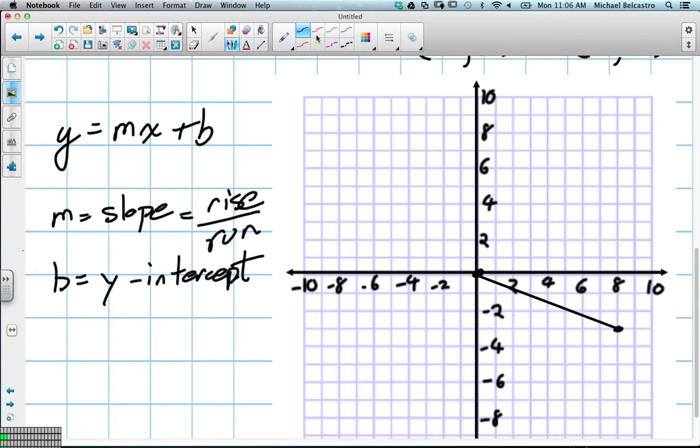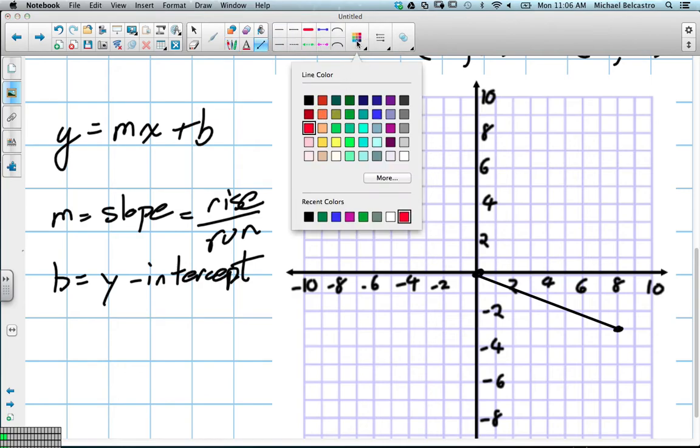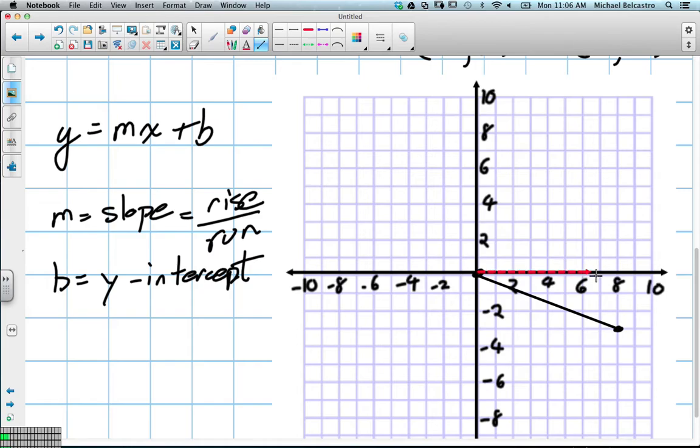We can relate this to slope by essentially making this look like a triangle. Our run, which is how far we go on our x value from this coordinate, we know is the value of 8. We know that this distance here is 8. And our rise we know is essentially our y value, how far we go along the y-axis to get to our point, which is the value of -3. Okay, so here's our y, here's our x.